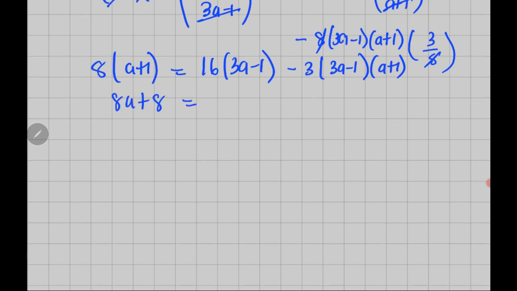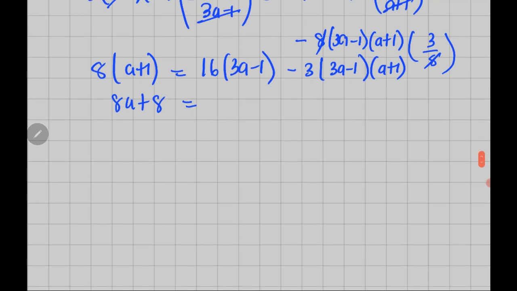So 16 times 3 becomes 48. Then 16 times minus 1 becomes minus 16. Minus 3 times 3a becomes minus 9a. Minus 3 times minus 1 becomes plus 3.